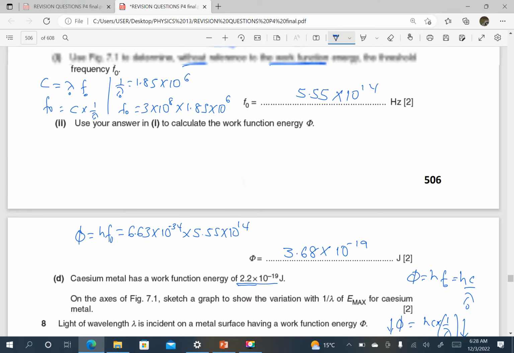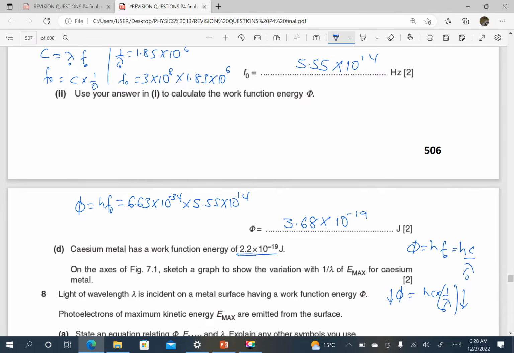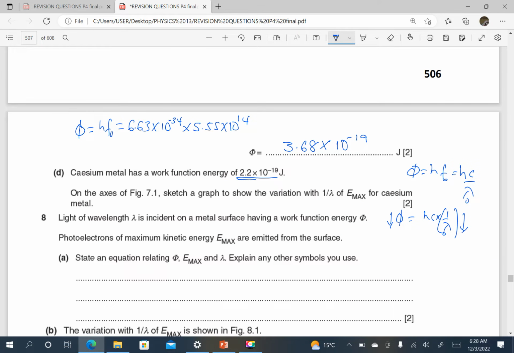So we go to the graph and look for a smaller value, but if we want, we can calculate it, and we have a more exact value. So 1 over lambda naught is going to be the work function, which is 2.2 times 10 power negative 19 divided by Hc, which H is 6.63 times 10 power negative 34, then times C, which is 3 times 10 power 8.